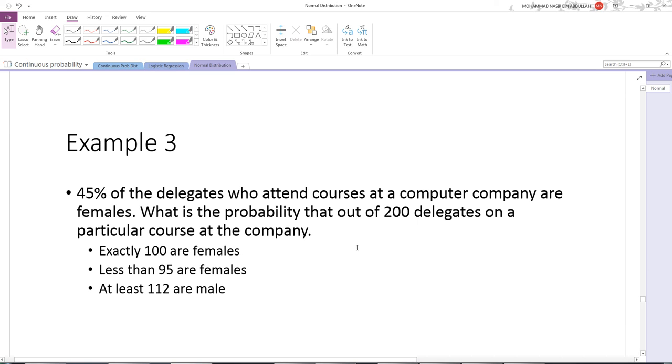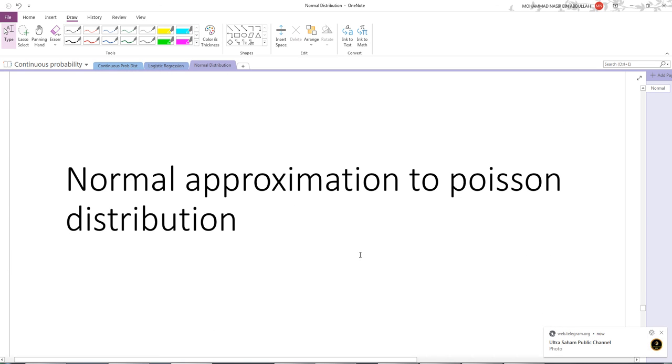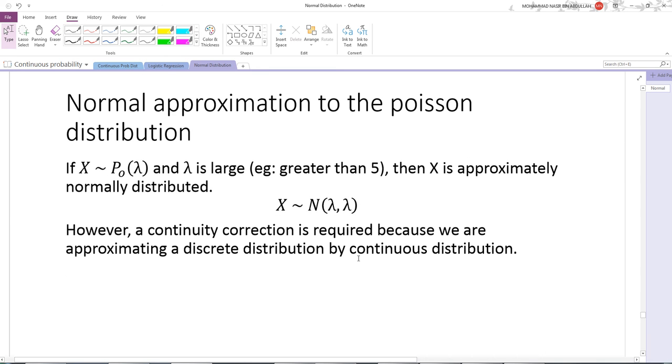For this example, right? So now let's look at the next or the last part in normal approximation method, which is normal approximation to Poisson distribution. As in normal approximation to binomial distribution, we have a binomial problem. For Poisson distribution, we have a Poisson problem.